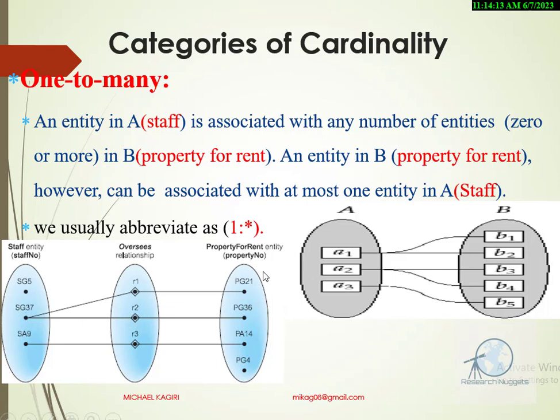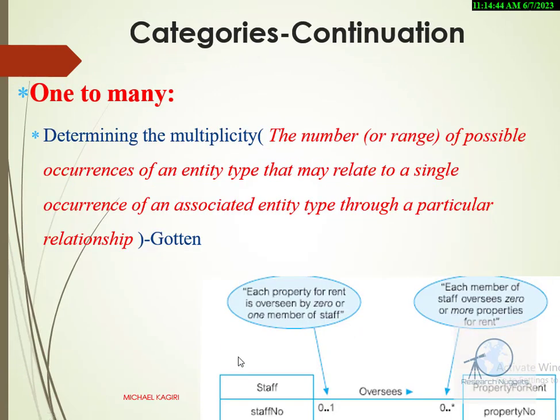However, when we move to the other side, we are saying that the property for rent can only be associated with at most one entity. So any property for rent can only be overseen by a maximum of one staff. You can see that PG21 is only overseen by one staff, PG36 only overseen by one staff, PA14 only overseen by one staff. But we also have property that is not being overseen by any staff.